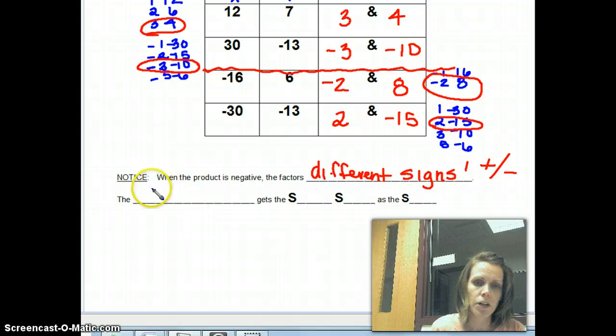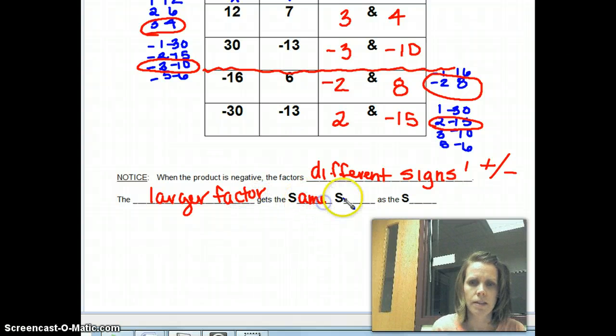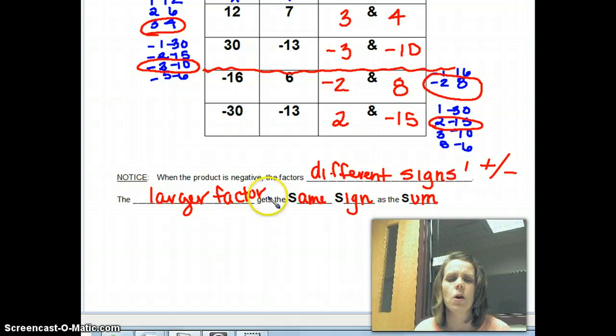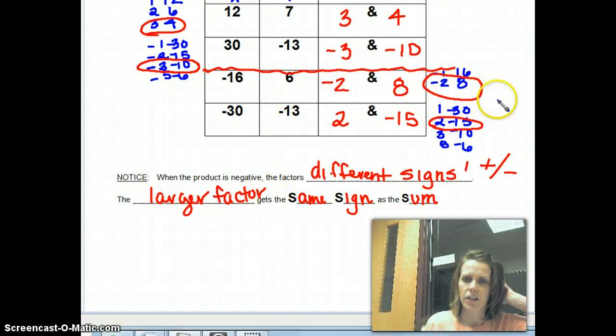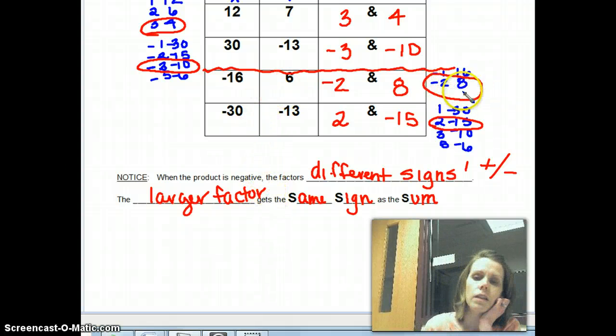Okay? The larger factor gets the same sign as the sum. So let's think about that. The larger factor, so in this problem here, 8 is going to be the same sign as the sum.